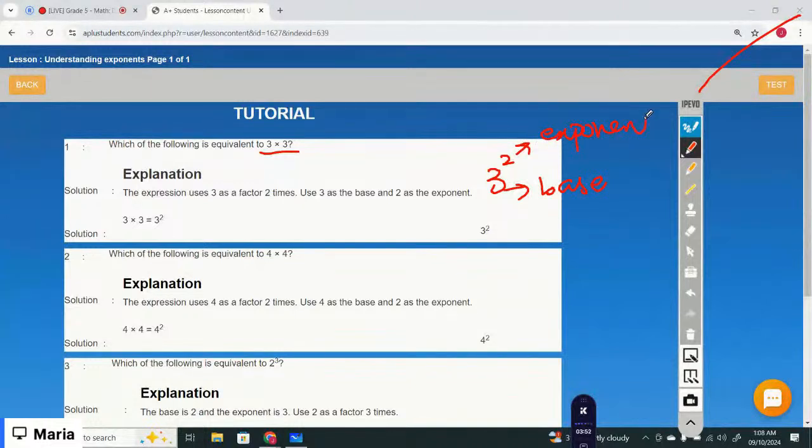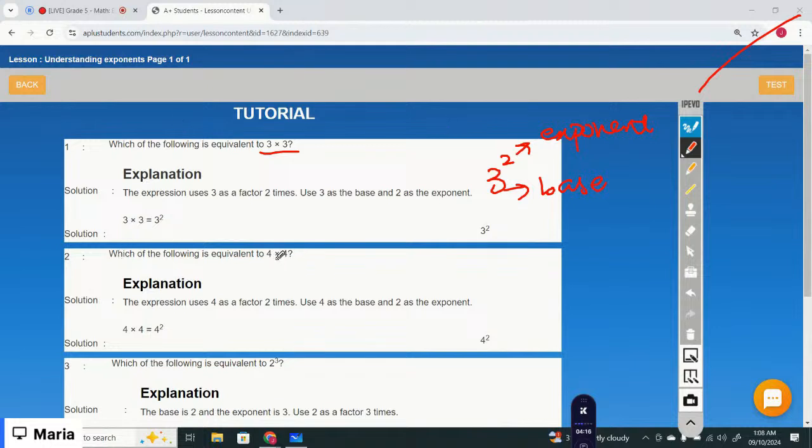So basically, the exponent tells you how many times you are going to multiply the base, how many times you're going to use the base as a factor. So you're going to use 3 as a factor 2 times. Got it?